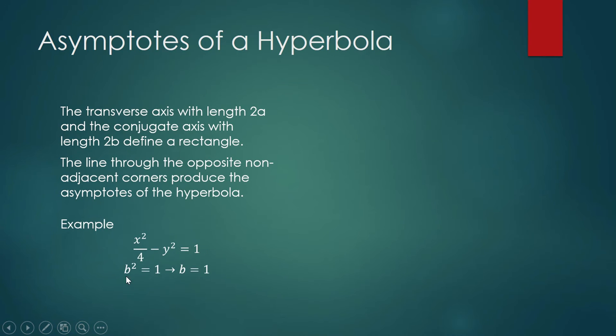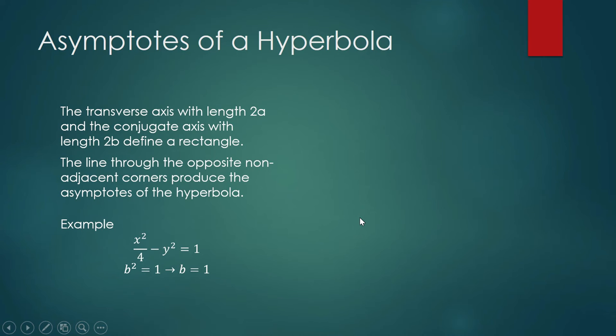So let us look at this hyperbola in standard equation. Its center is at the origin. This is a hyperbola whose principal axis is horizontal, because the term that comes after subtraction is y.